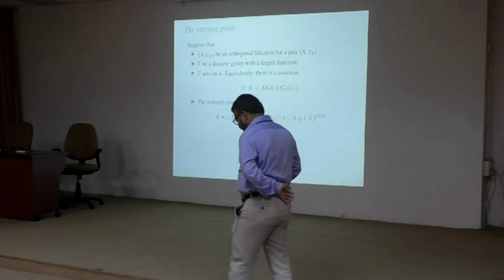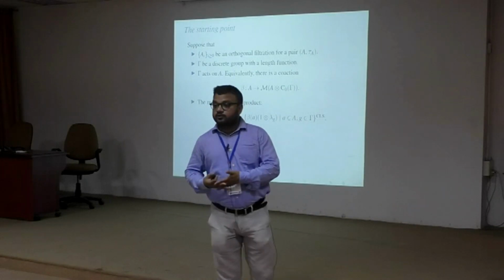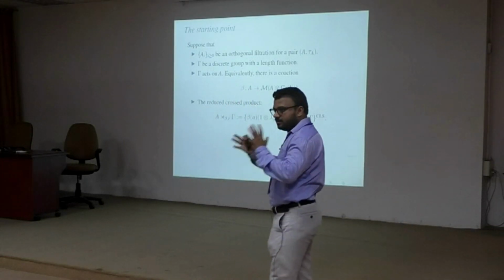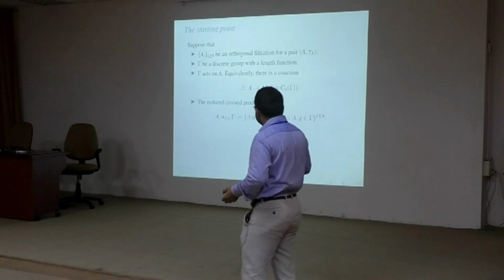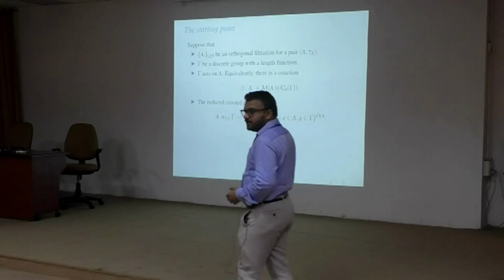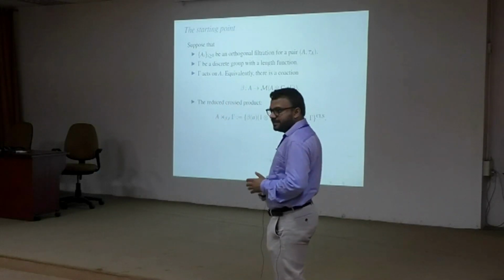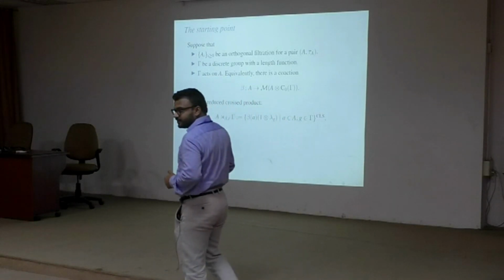Now, the starting point is, if we have a C-star algebra with an orthogonal filtration, we know there is a quantum symmetry group. Next step is, let's say we have a C-star algebra and a discrete group acting on that C-star algebra, a discrete group with a length function. That means the reduced group C-star algebra also has an orthogonal filtration.